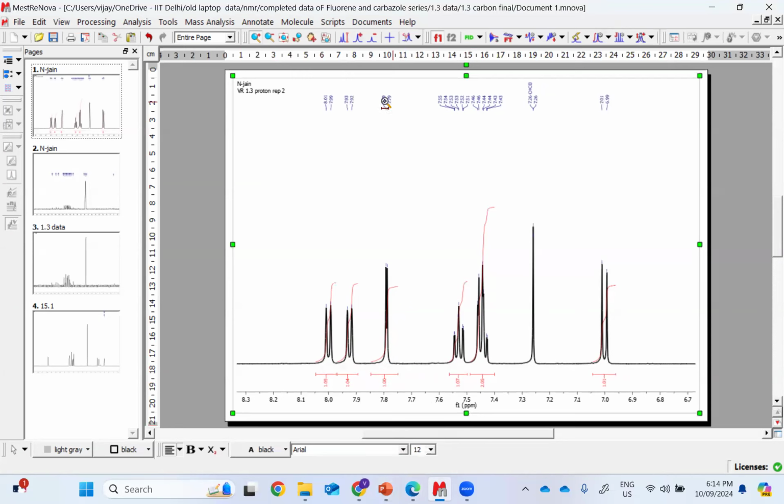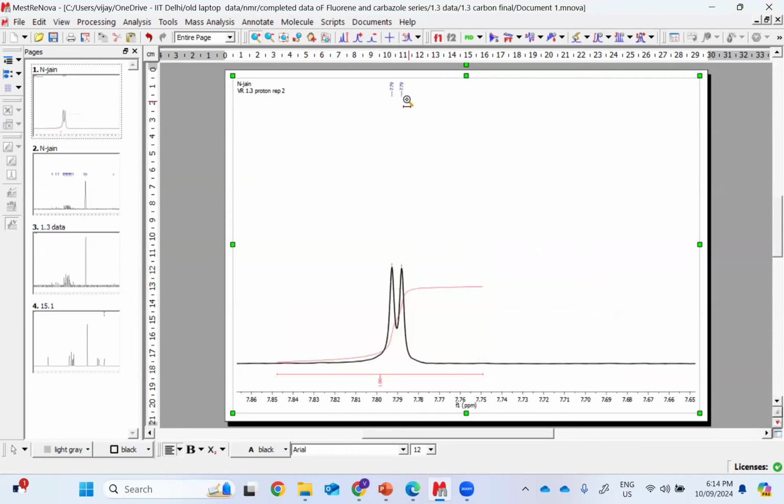Right now I have not taken multiple digits, only up to 2 digits, 7.79, and this other signal also shows 7.79. But if you look at the spectra to 3 or 4 digits, then we can see the difference in this signal.